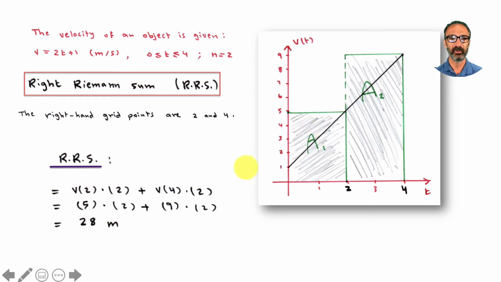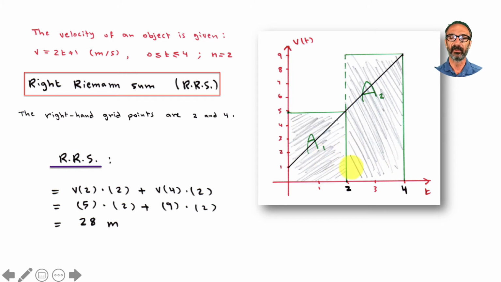Let me show you what I mean. If we understand the right Riemann sum, which is an overestimate in this case, because I'm gaining this part and this part that don't belong to my graph, they're not under my curve as an area that represents displacement. This is called an overestimate.